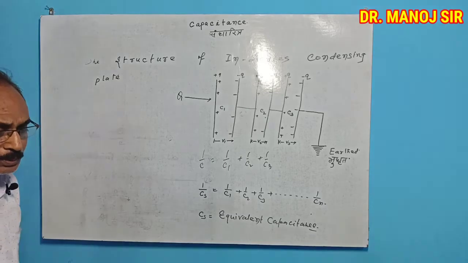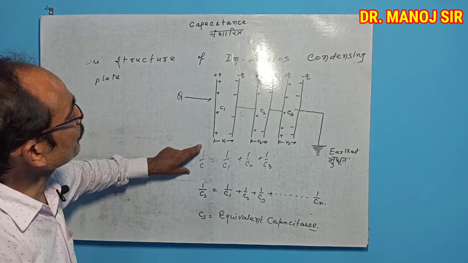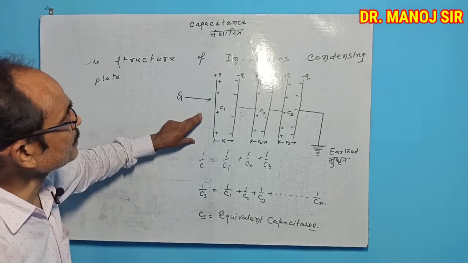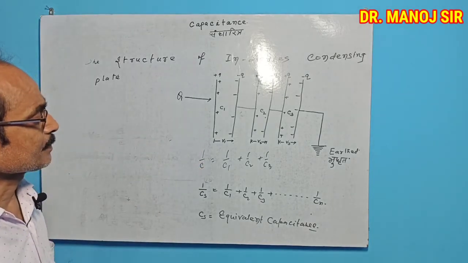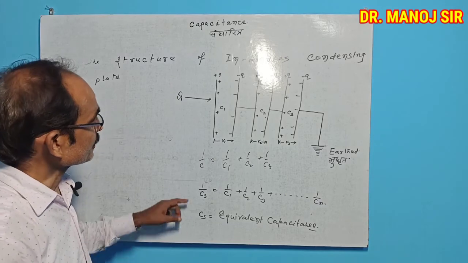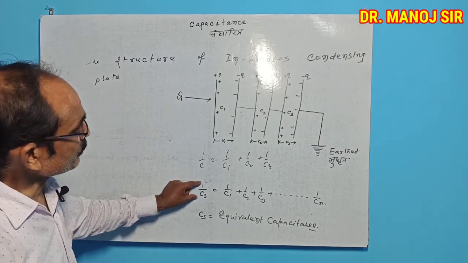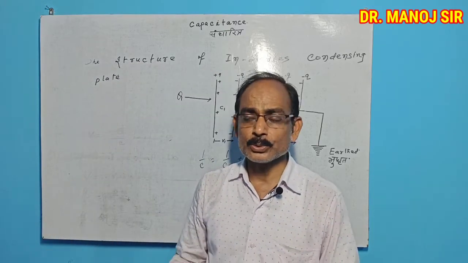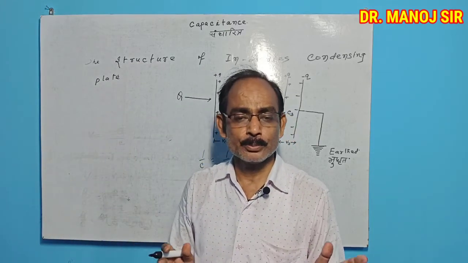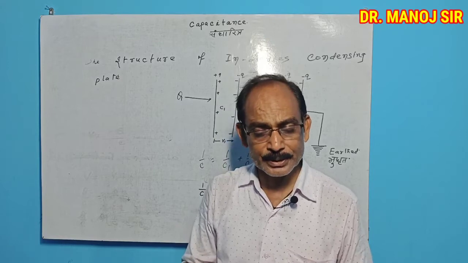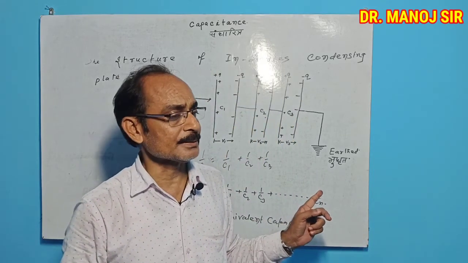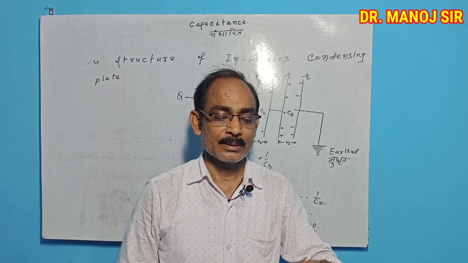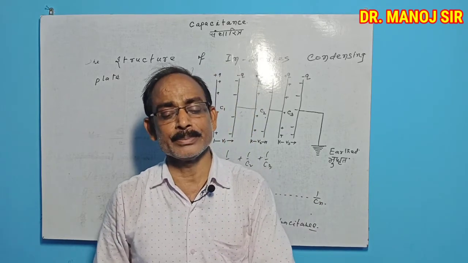As you know, for the grouping of capacitances in series, the resultant is 1 by CS equals 1 by C1 plus 1 by C2 plus 1 by C3. That is the equivalent capacitance of the capacitors in series combination.